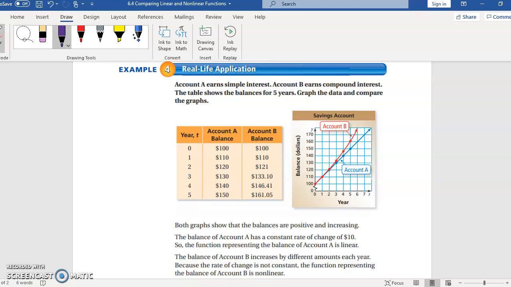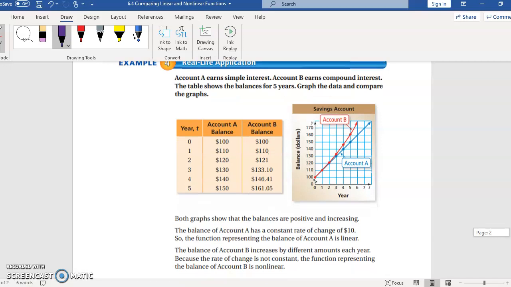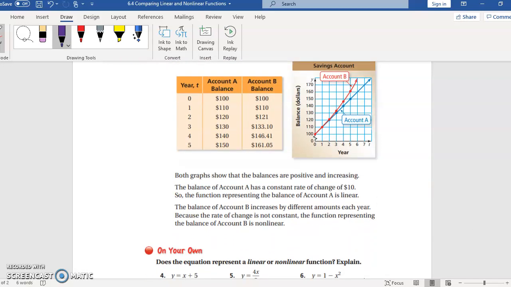The balance of account A has a constant rate of change of $10, so the function representing the balance of A is linear. The balance of B increases by different amounts each time, so that is nonlinear. You can see it curves upward a little bit. It's not a straight line.